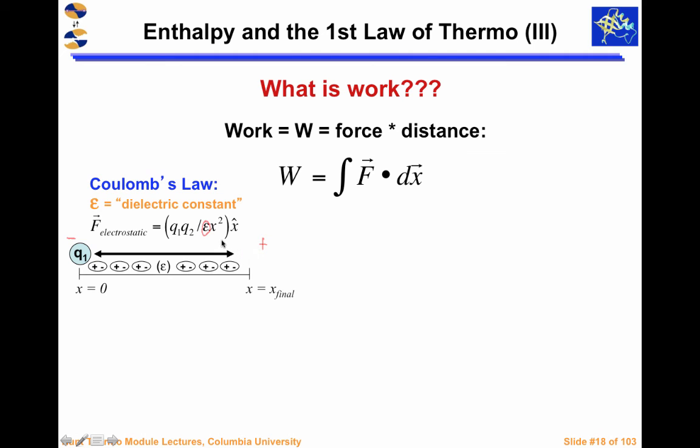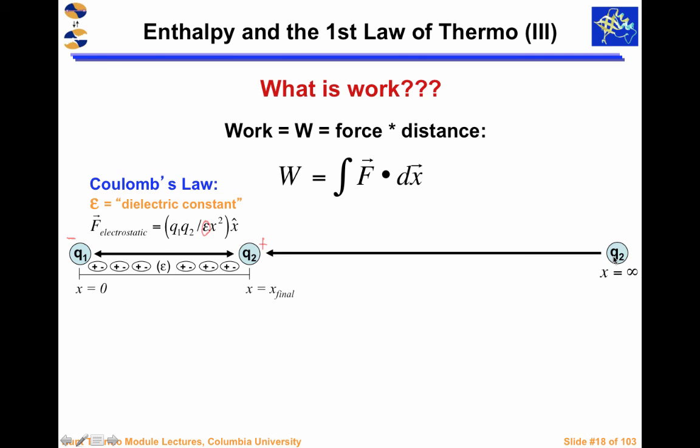Okay, so what we want to do for the moment is consider what kind of work is done in bringing these charges into this kind of separation. This is ultimately the origin of what you've been told is electrostatic potential energy. The model we start with is having the two charges Q1 and Q2 infinitely far apart.